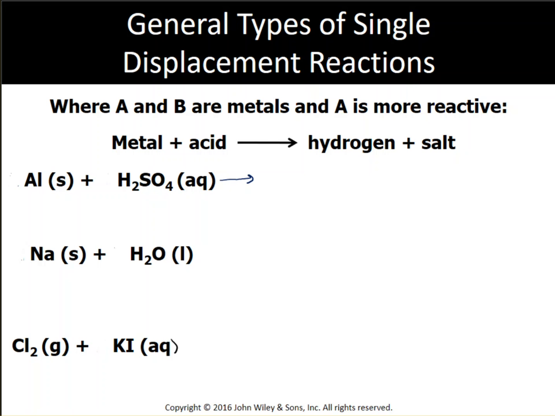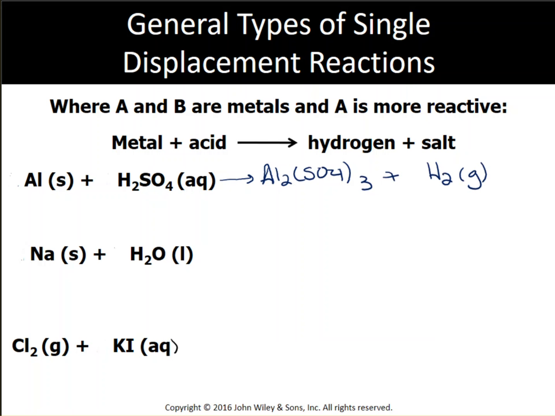So if you find aluminum and hydrogen in the activity series, you can see that aluminum is more reactive than hydrogen. So aluminum can in fact replace hydrogen. So I would expect aluminum sulfate to form and hydrogen gas.